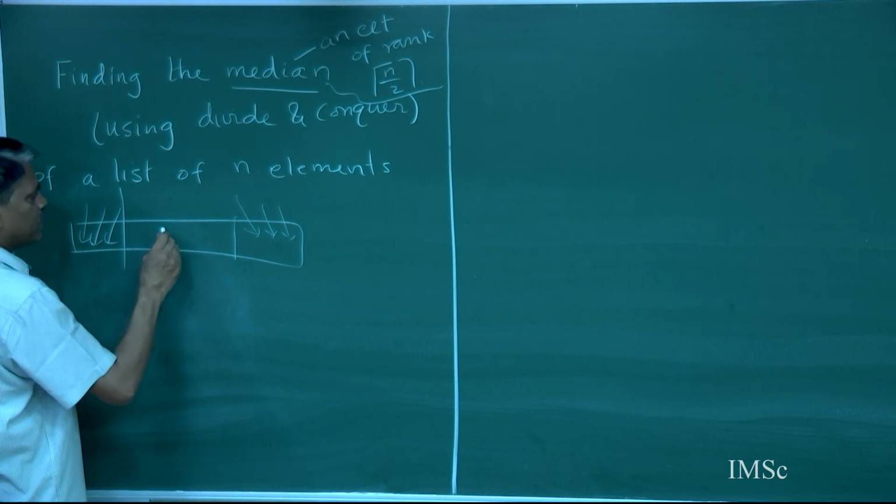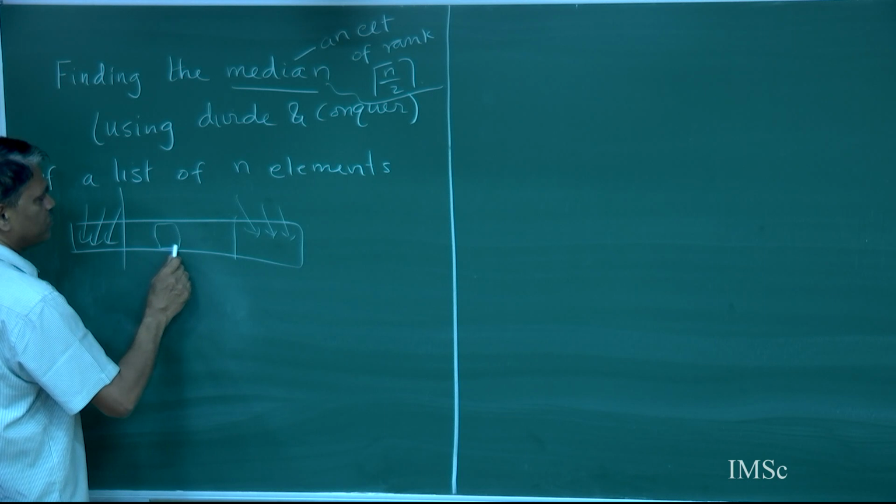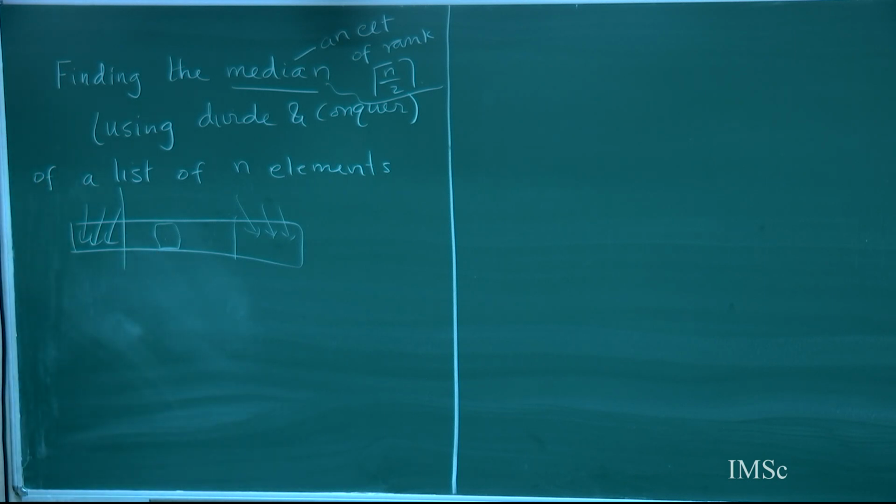So the problem we are interested in is we want to find the element which will be in the middle of the sorted list. So what kind of algorithm? How fast can you do? We are targeting a linear time algorithm, but don't worry about that. What is the best you can do?